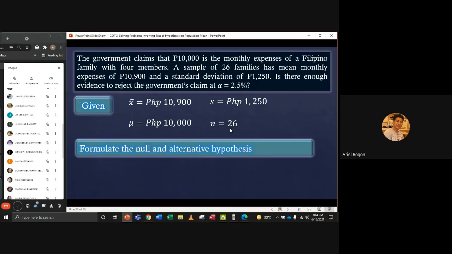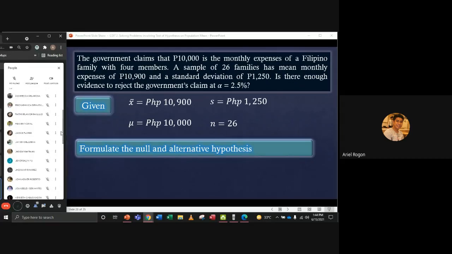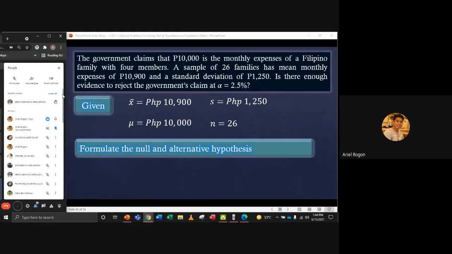So what will be our null and alternative hypothesis? In symbol na lang, sige. Sino yung hindi ko pa natatawag? Mortera. You try, Mortera? Di Guzman. Sige. Di Guzman, what will be our null and alternative hypothesis? Nawala na si Di Guzman.